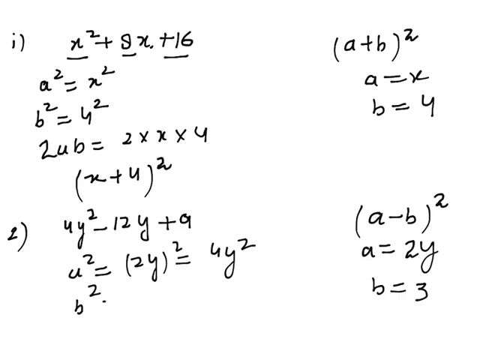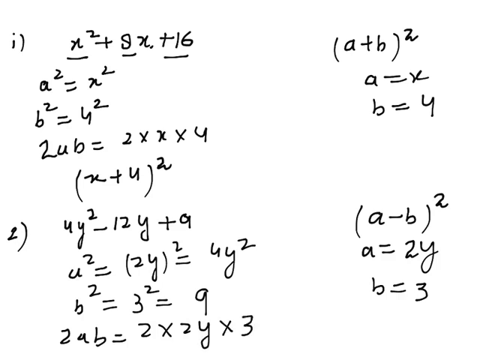And b square will be 3 square, that will give us 9. And next we have 2ab, 2 times 2y times 3, so it will give us 12y. So this is in the form a minus b whole square. We should have a minus b whole square is equal to a square minus 2ab plus b square.